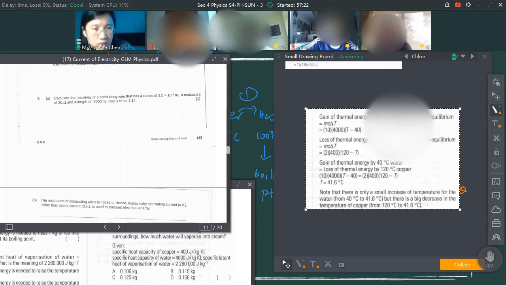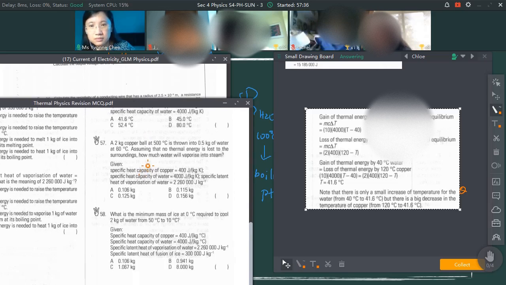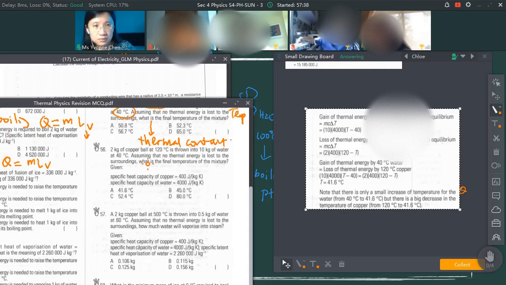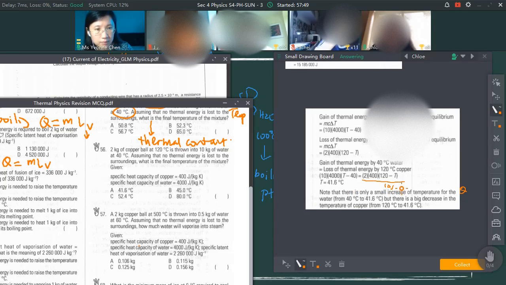This is the working. Question 56. So basically one of them loses energy, this is the loss, from 120 to a lower temperature, which is T. Very similar to the question just now. The other one gains energy, so the final temperature should be higher than 40 degrees Celsius.